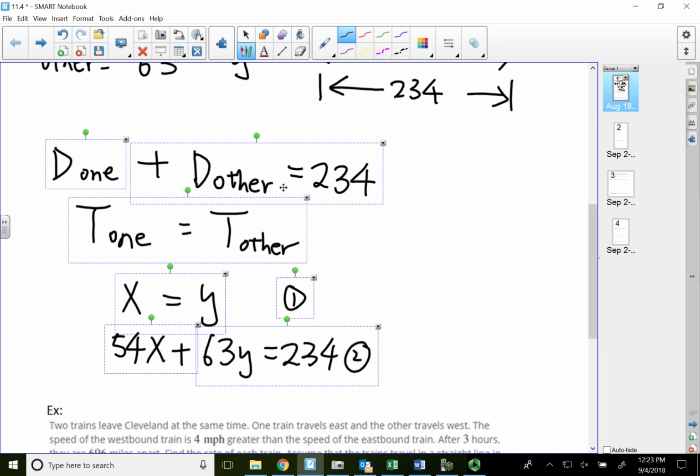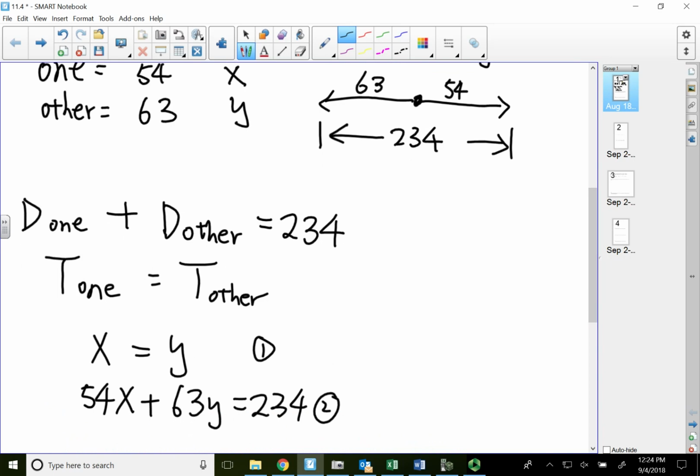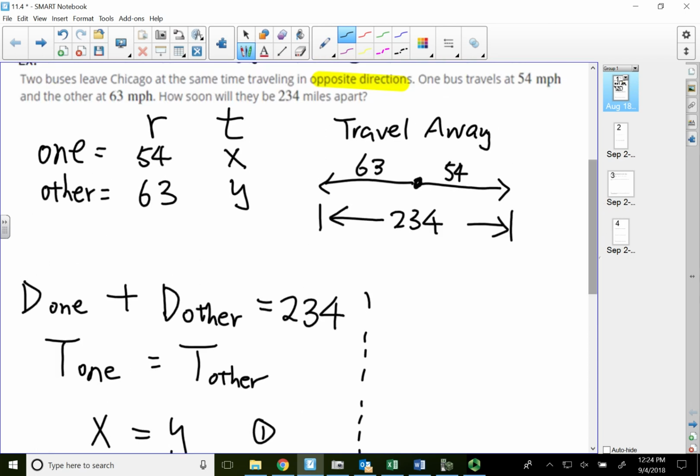Now, if I want to set up this problem using one variable, then all I needed is the concept of the distance. If I'm using one variable, that means by knowing the times are the same, the other bus will have the same time as that one bus.